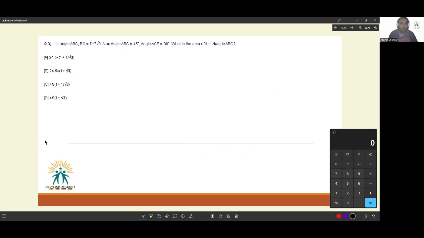Okay. Next, in a triangle ABC, BC is equal to 7 plus 7 root 3. Also, angle ABC is 45 degrees, angle ACB is 30 degrees. What is the area of triangle ABC? Look at this.